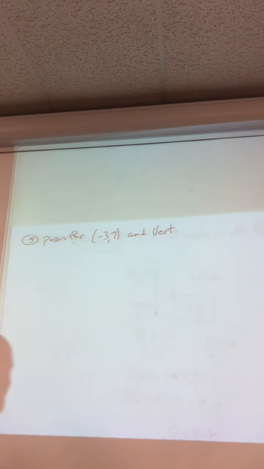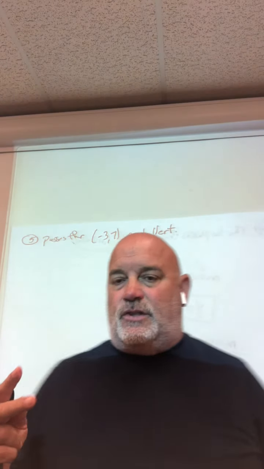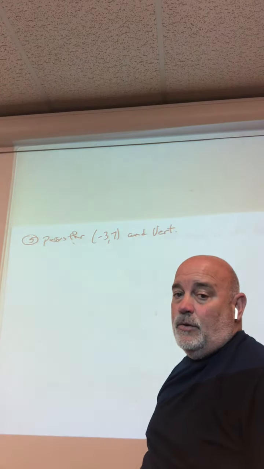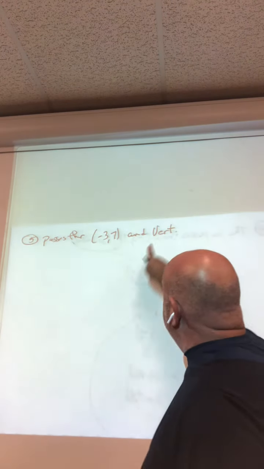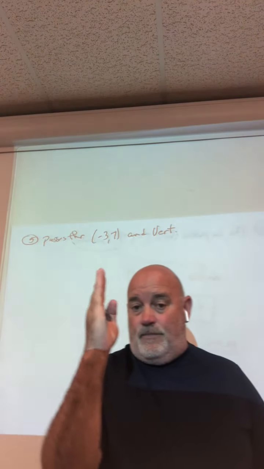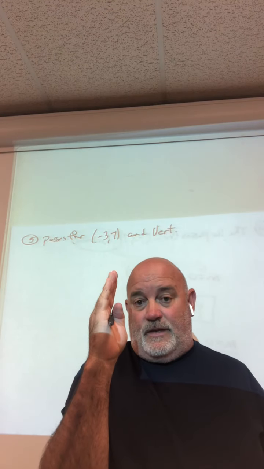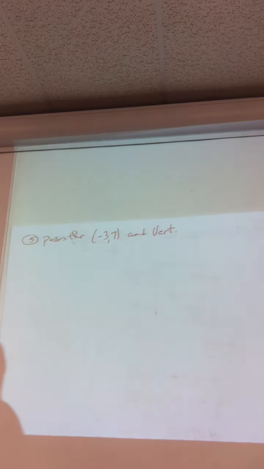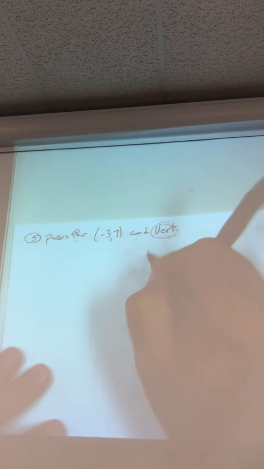To get the equation of a line, I have to have a point and a slope. I have a point, but I don't have the slope. However, since the line is vertical, I know what the slope is. A vertical line is the only kind of line we do not give slope to. So this right here means the slope is undefined.